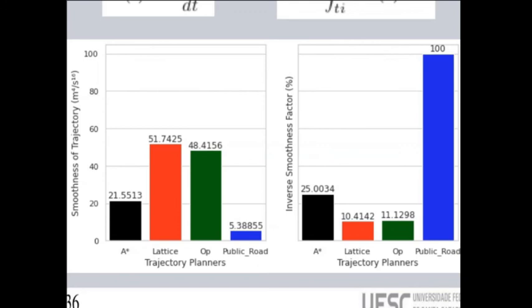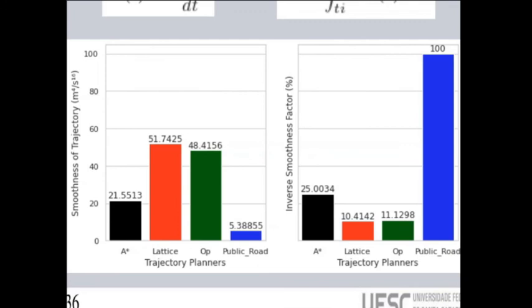So that's why on the right side of this chart I have done a factor conversion to say, okay, public road was the most smooth trajectory because it has the lowest value of the power of the jerk, and the lattice and Open Planner were the most jerky trajectories, so the less smooth trajectories.